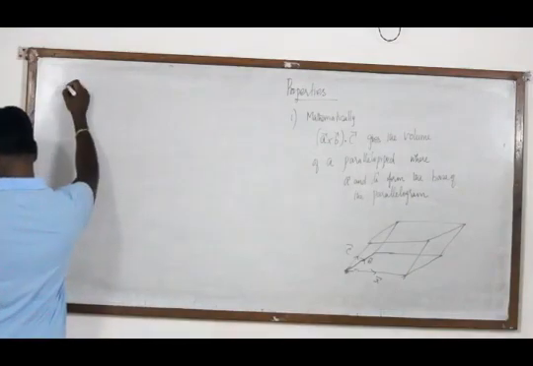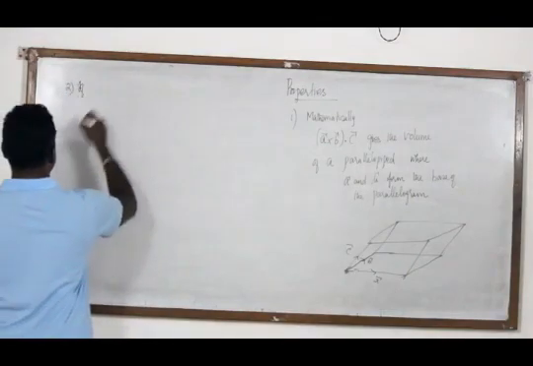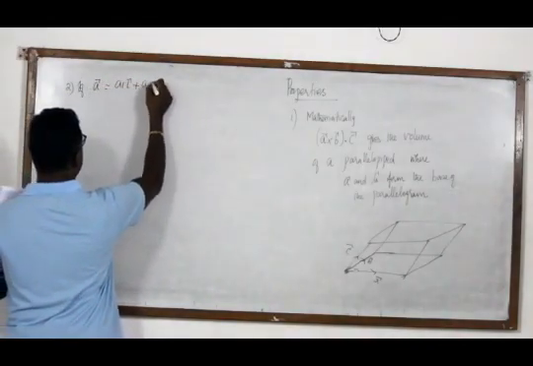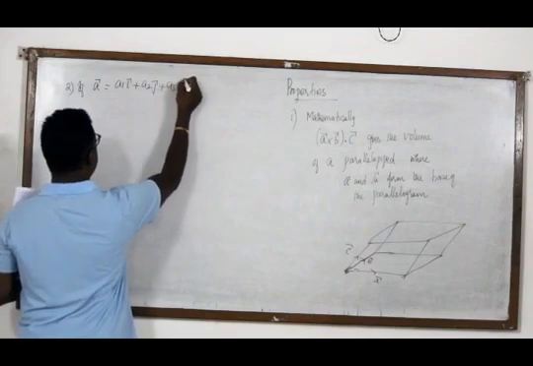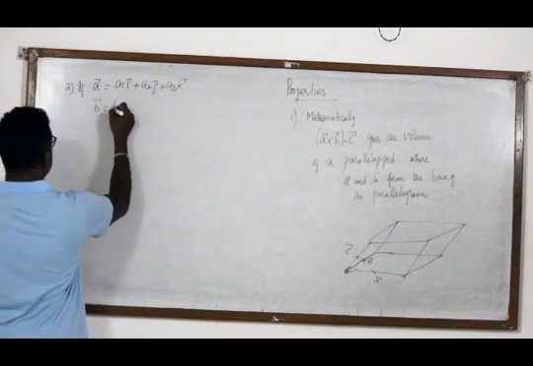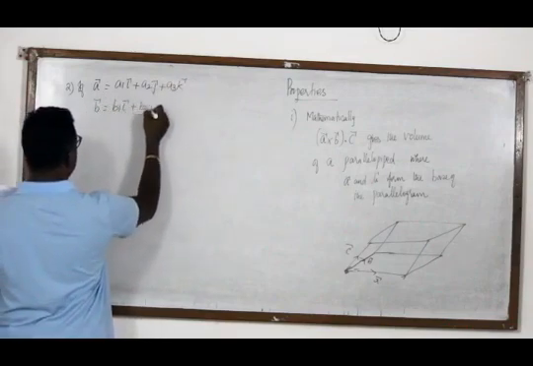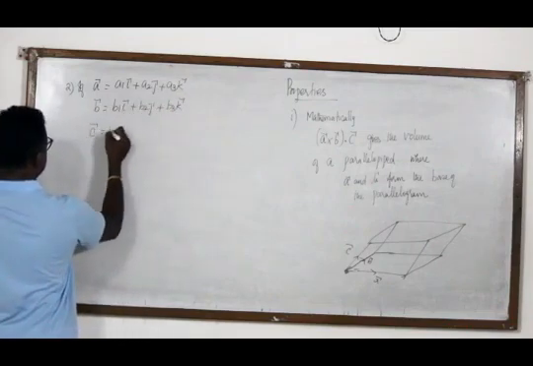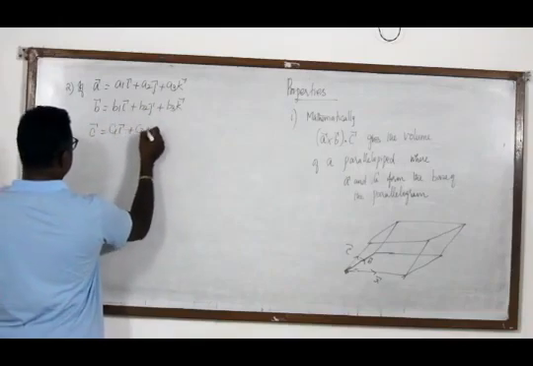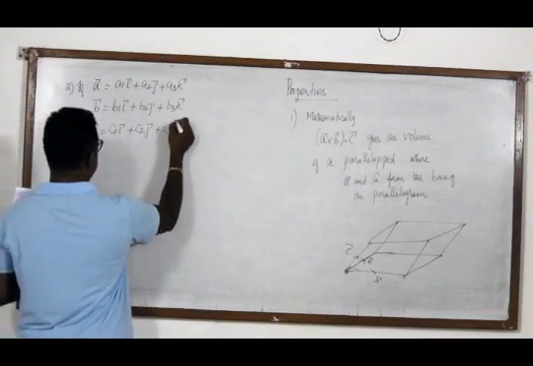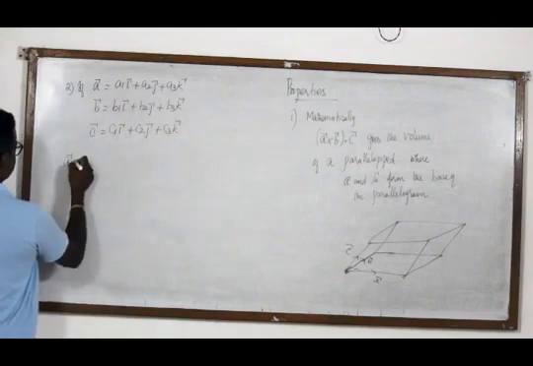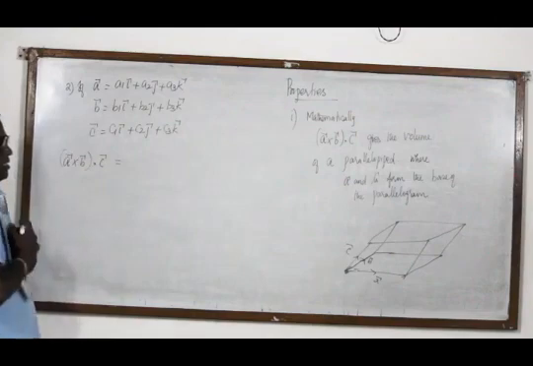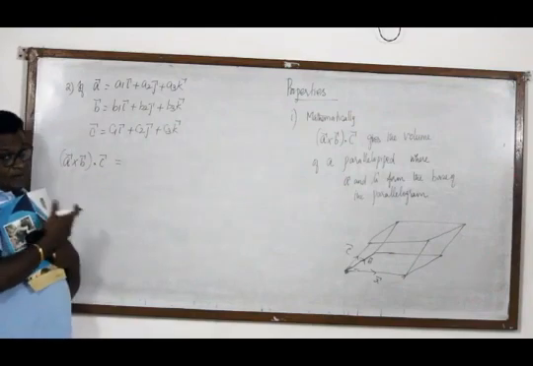Second property is how to find it if A vector is given as A1 i plus A2 j plus A3 k, B vector is given as B1 i plus B2 j plus B3 k and C vector is given as C1 i plus C2 j plus C3 k. Then A cross B dot C is given by, here the vectors are given in terms of components.